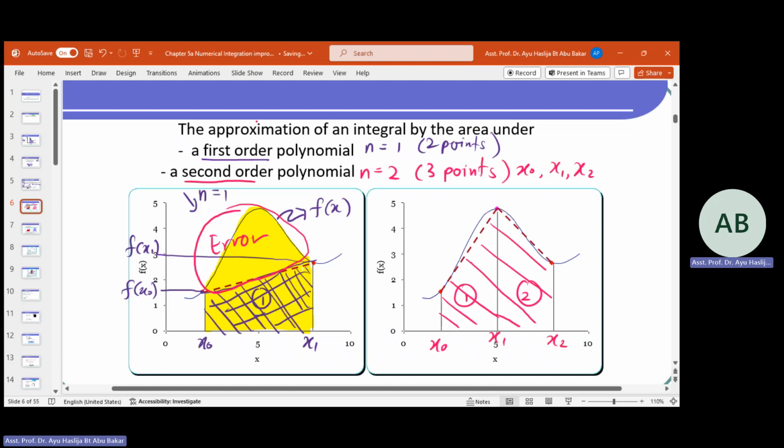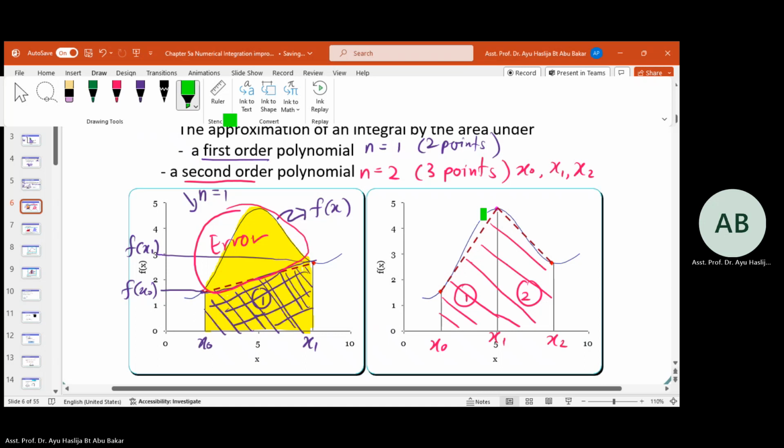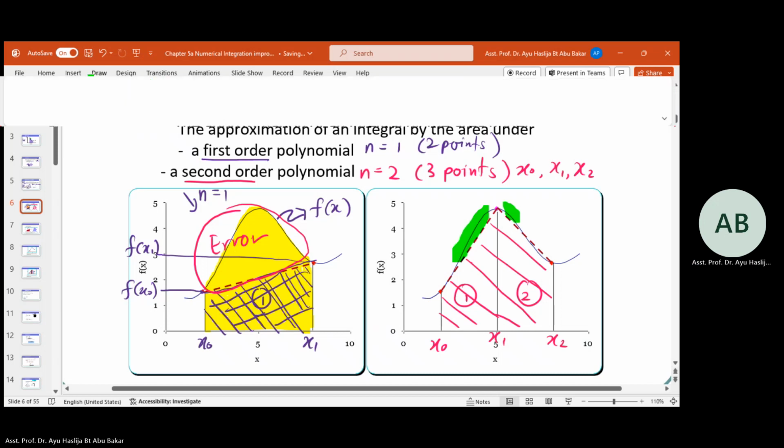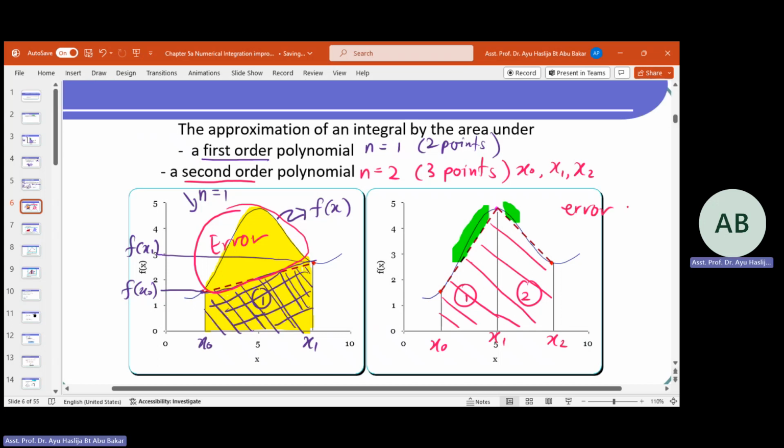Then the error, as you can see, reduces. This part is only the error, which is not covered by the trapezoid. Error reduces with increasing n. When n increases, error reduces. Okay, get the concept?